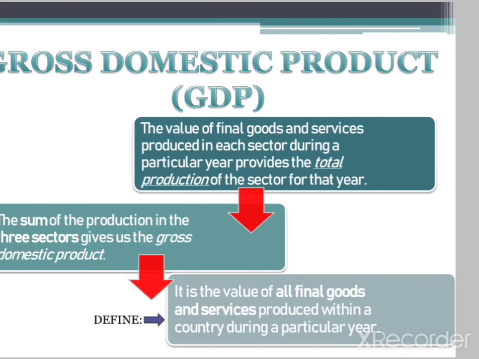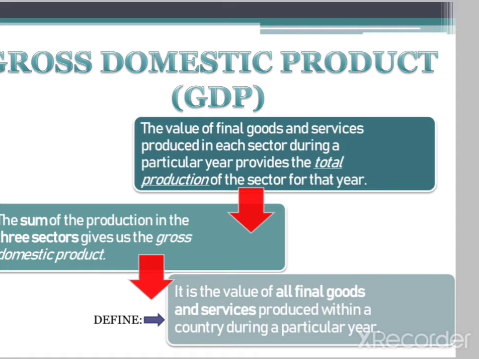A very important term, gross domestic product, is related to the explanation we did previously. So when we add the value of final goods and services produced in each sector during a particular year, we get the total production of the sector for that year.